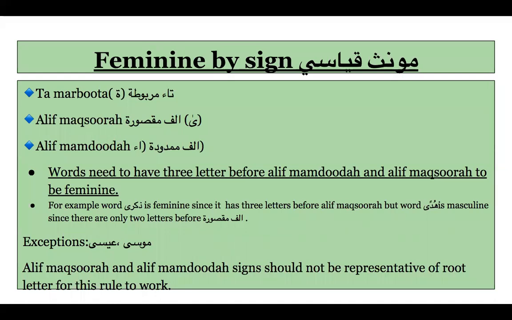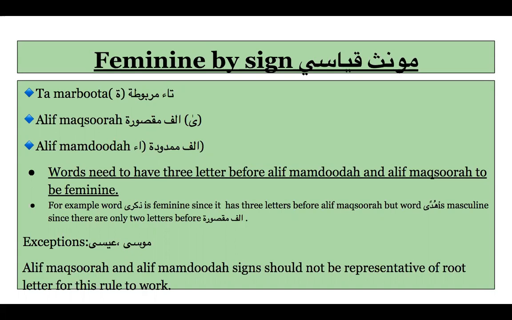So coming back to what we were doing, if you have to look at a word, what are the 3 signs that you should see for a word to be feminine? If it does not belong to the first category, which is the category of real feminine, the word has to have 3 signs. It does not have to have all 3 signs in one word.